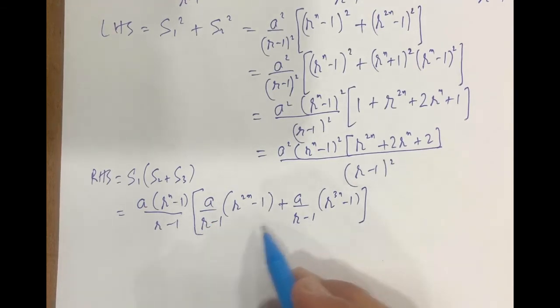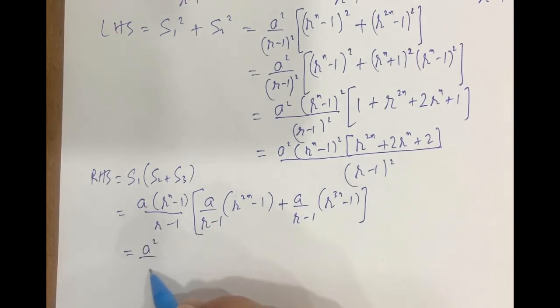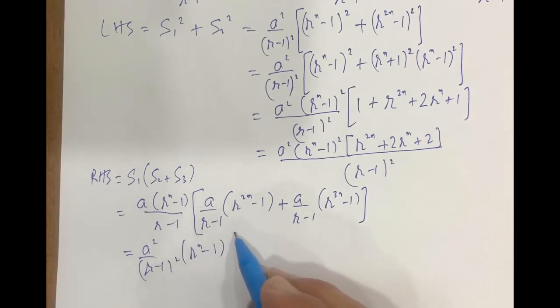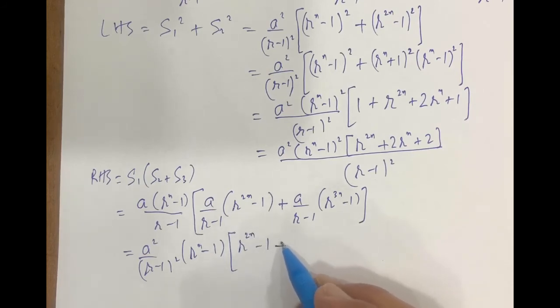Now take a upon (r minus 1) common: a square (r minus 1) whole square, (r^n minus 1). Inside it's (r^(2n) minus 1), this is (r^(3n) minus 1).